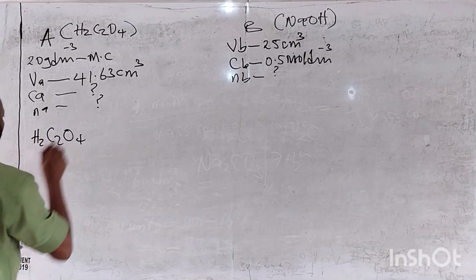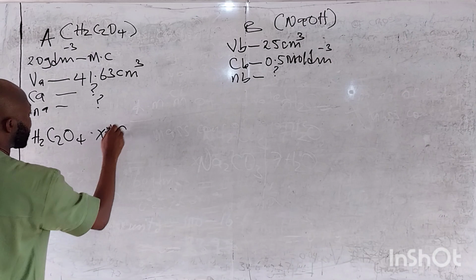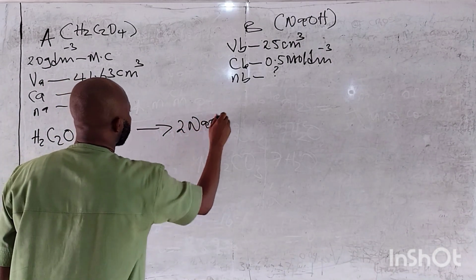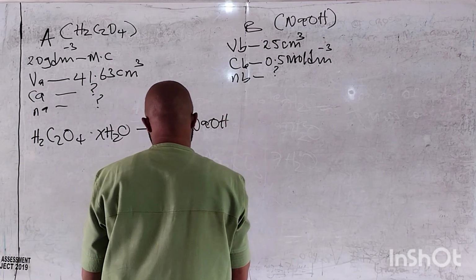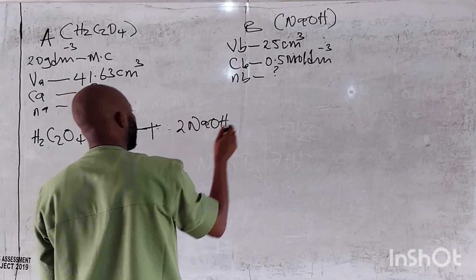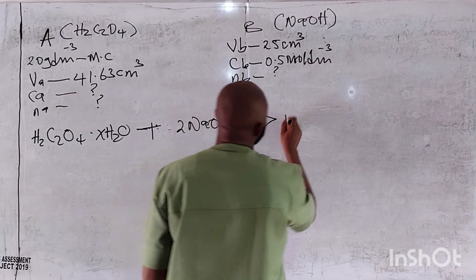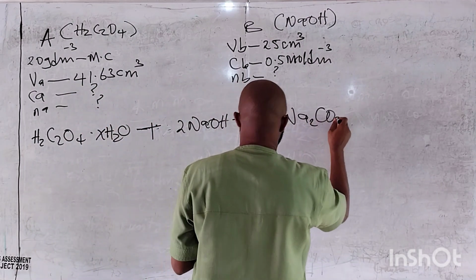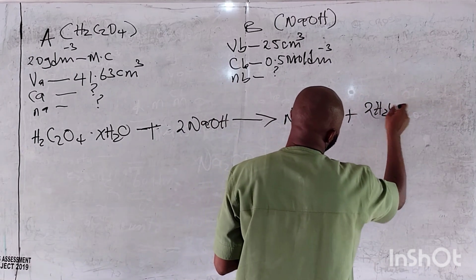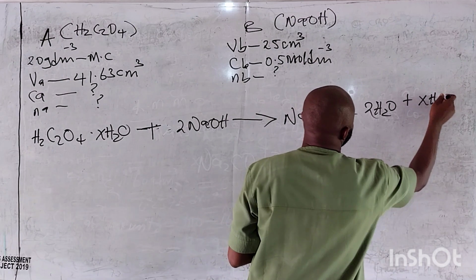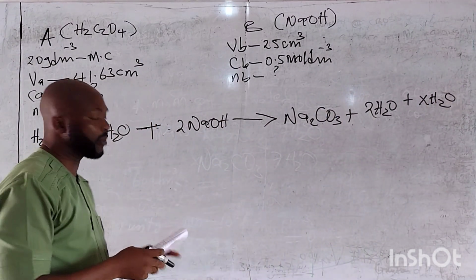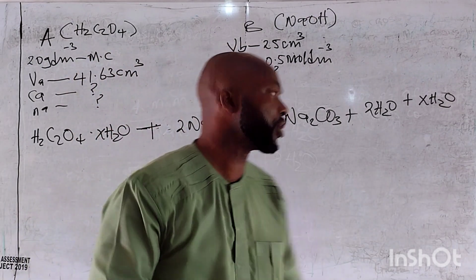H2C2O4 dot XH2O plus 2 sodium hydroxide, this is the base, gives us sodium oxalate, Na2C2O4, plus 2 moles of water plus X water. Okay, that is that. So from here we'll be able to determine our mole ratio.